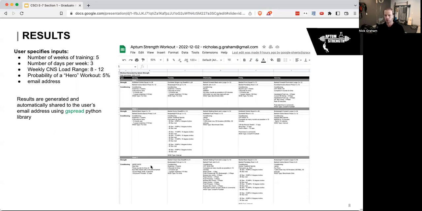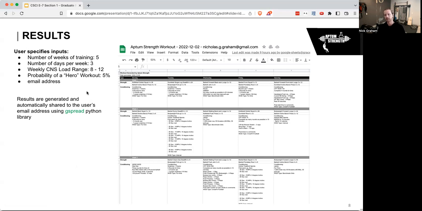And then I also decided to add a feature where if a hero workout showed up as the conditioning workout, then I would automatically eliminate the strength portion of that day's workout, just because the hero workouts are very demanding, very time consuming. So you can see in this given plan down here on Monday of week 3, a hero workout showed up, and so the strength portion is eliminated.